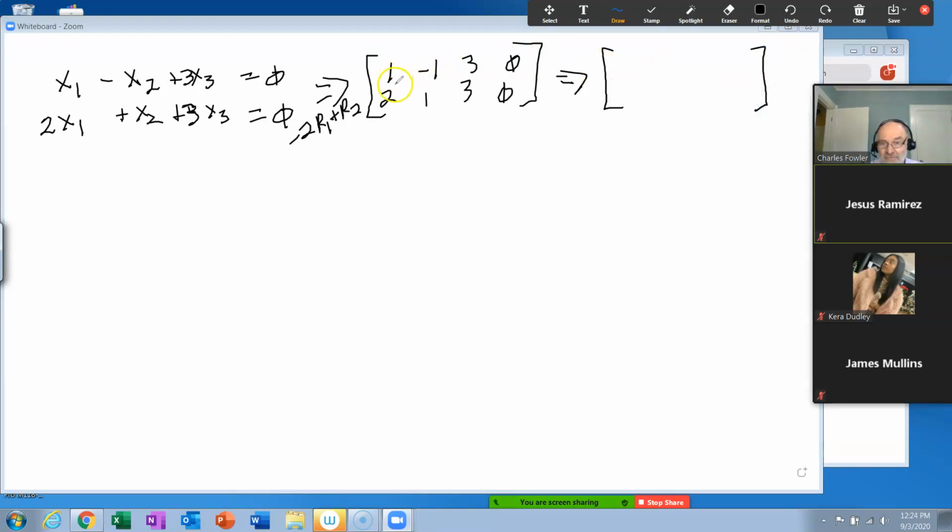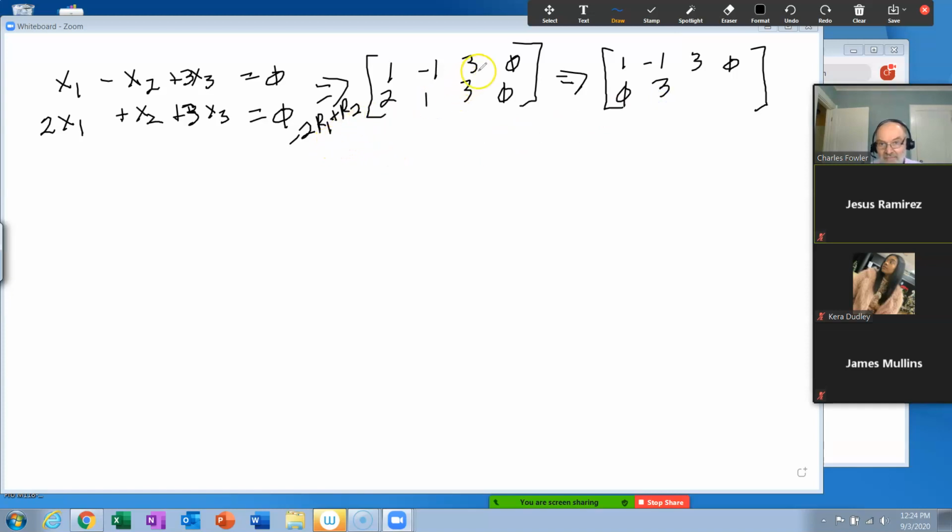We're using the first row, that's the leading 1 row, so write it down. We don't ever change that while we're using it. 1, minus 1, 3, 0. Now the one we're changing is the second one. Negative 2 times 1 is negative 2 plus 2 is 0. Negative 2 times negative 1 is plus 2 plus 1 is 3.